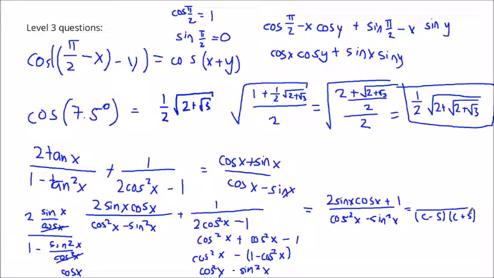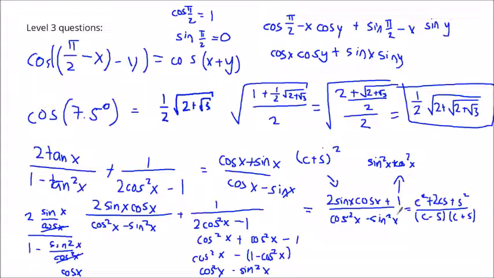So what we actually want to do is prove that this is c plus s squared. And in order to do that, we can actually turn this 1 into sine squared x plus cosine squared x, which will get you c squared plus 2cs plus s squared, right?